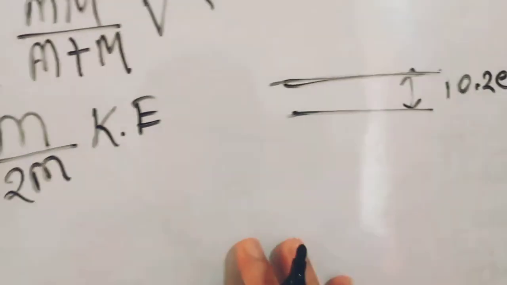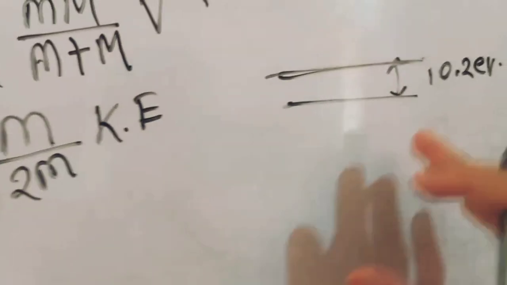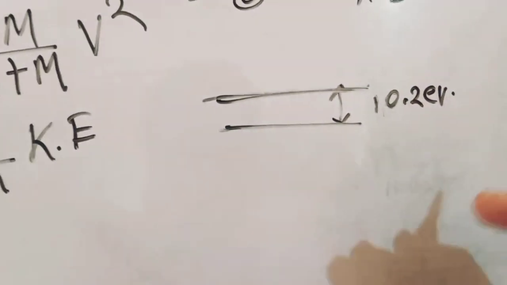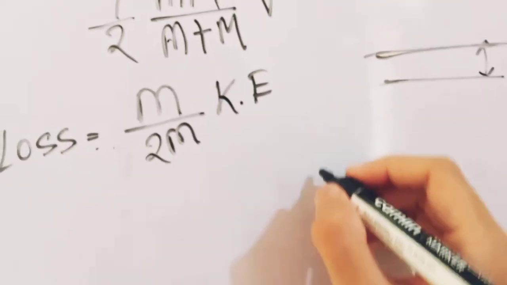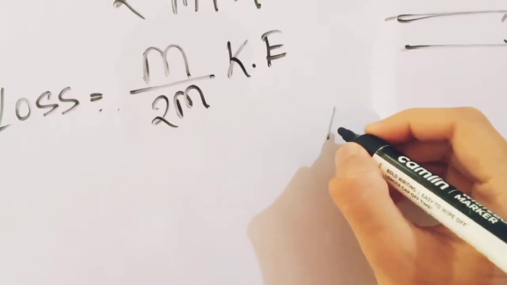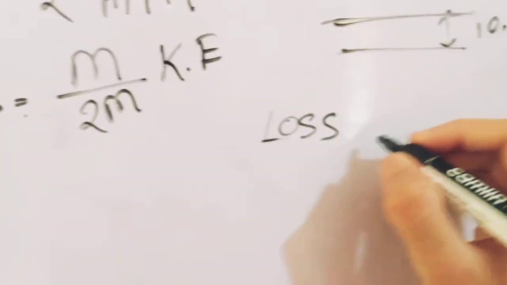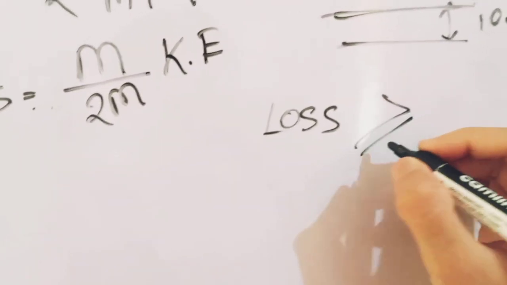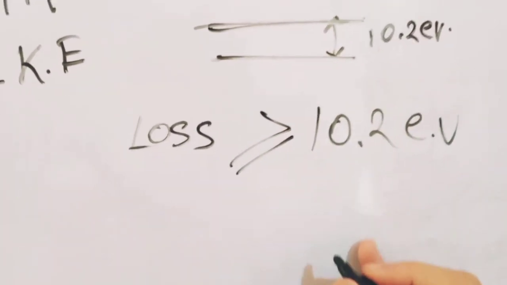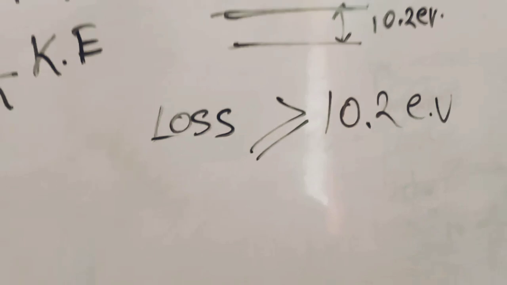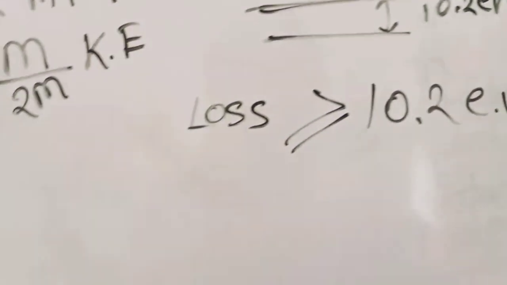So the energy loss is directly taken by the electron to excite, right? So the loss in kinetic energy must be greater than or equal to 10.2 electron volt. So we have to use the minimum energy loss, that is 10.2.